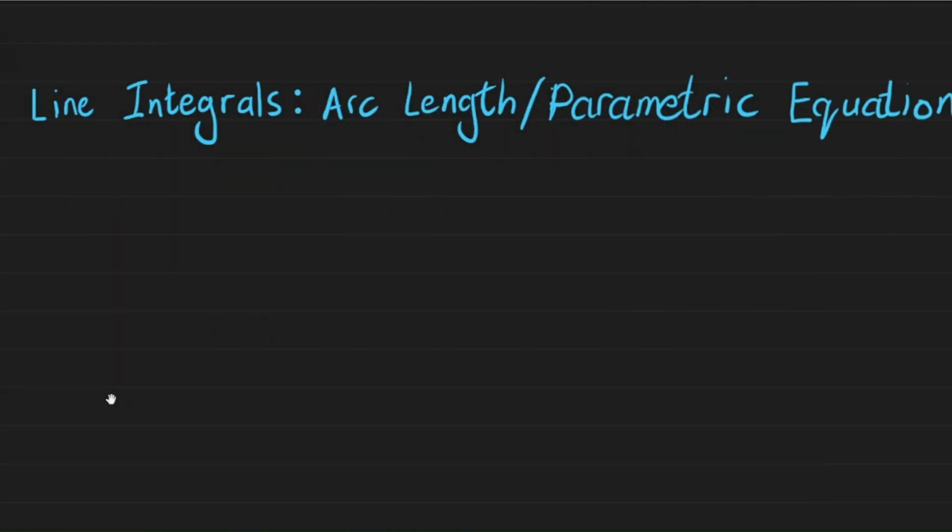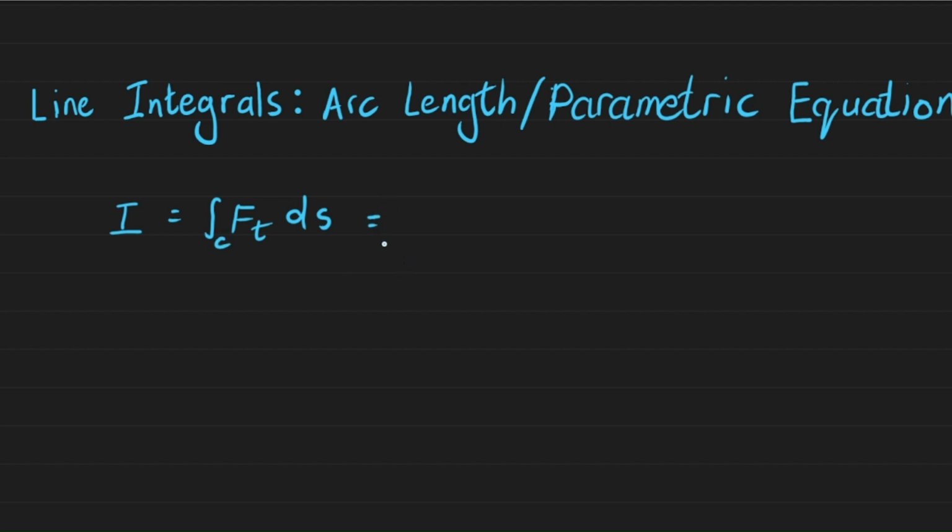In this video, we're going to be looking at evaluating line integrals using arc length and parametric equations. We saw in previous videos that a line integral is some function integrated along some curve.